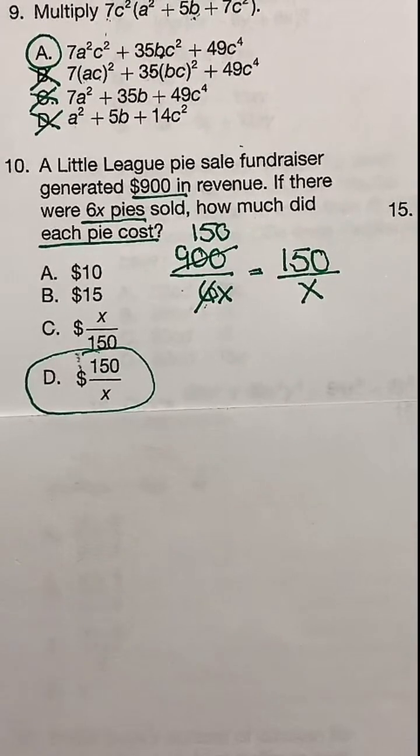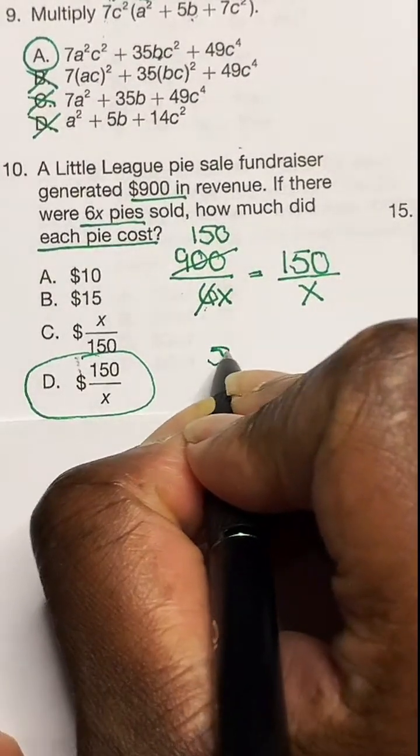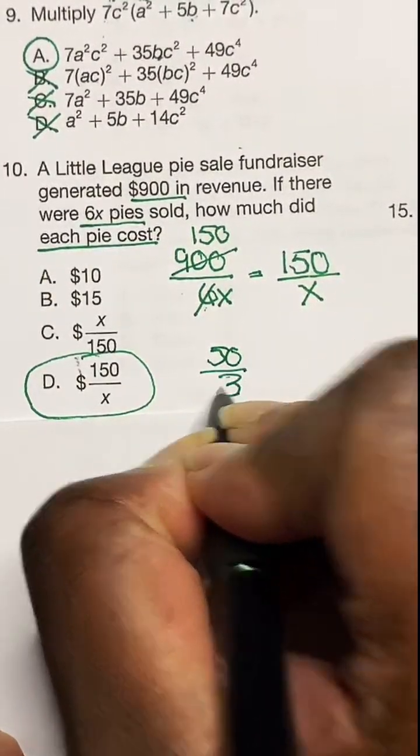Because anytime you're trying to find each or per, you're doing division. Okay, you see it now? Because since we're trying to find each, like if I have $50 and I want to divide it by 3 of my friends, that means it's going to be $50 over 3.